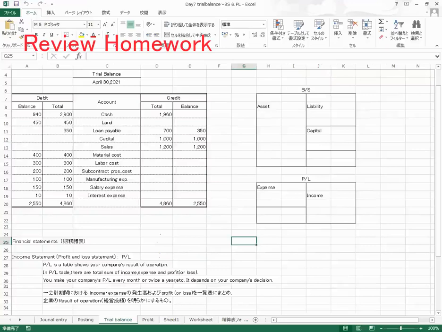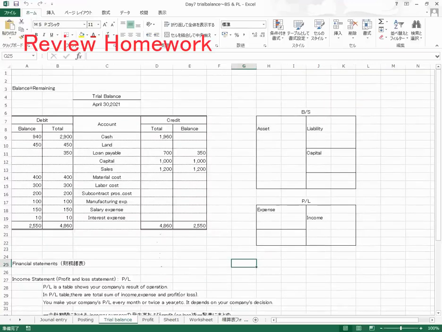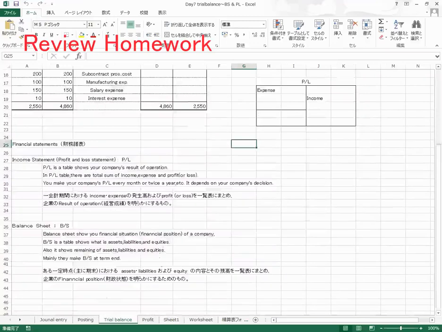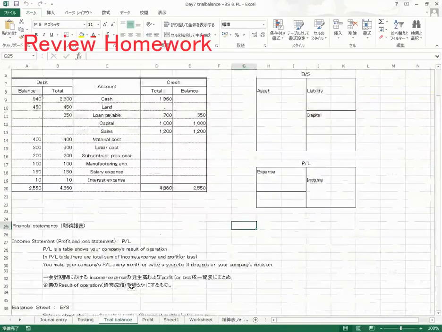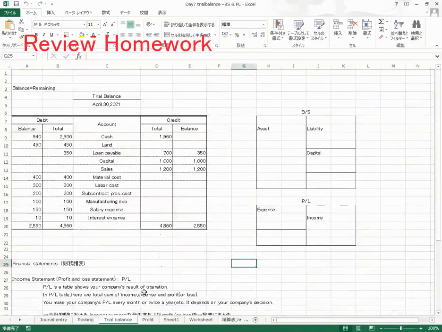So now we make a posting. We sum up all the amounts of money and make a trial balance.